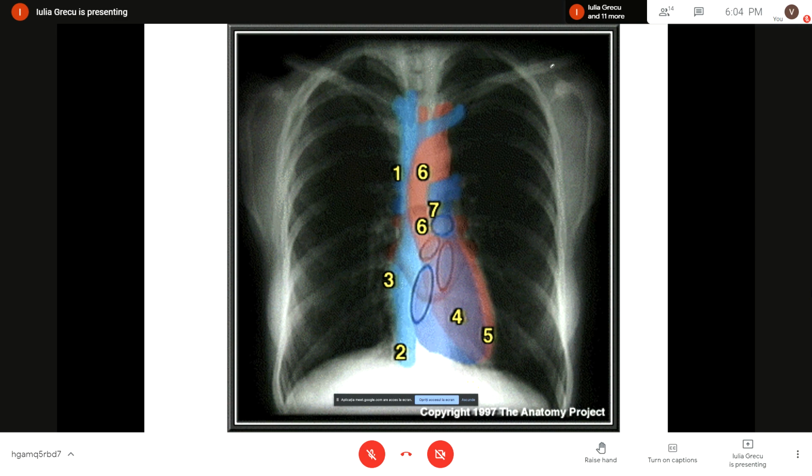So on the left side, we will have the following structures: superior arch, left subclavian artery, aortic notch, middle arch formed by the pulmonary artery, and the inferior arch formed by the left ventricle. So there are some venous structures on the right side and some arterial structures on the left side.